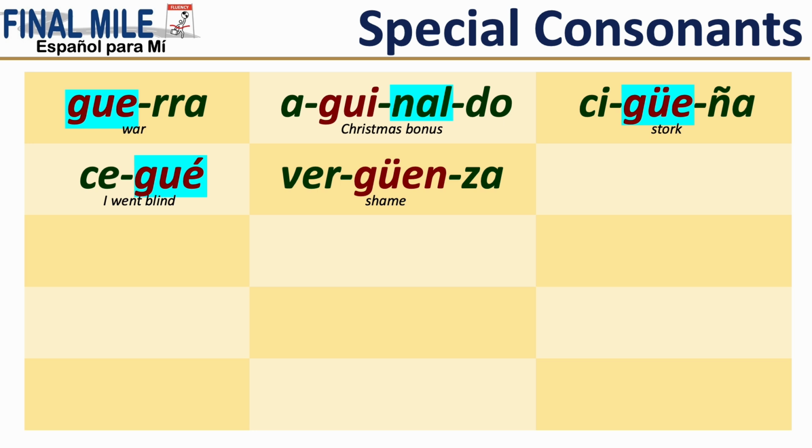Long syllable here. Let's see if we figure it out. This U is reactivated by the dots. It has to be voiced separately from this E here. So this is going to be, let me get the highlight there. Vergüenza. Vergüenza.